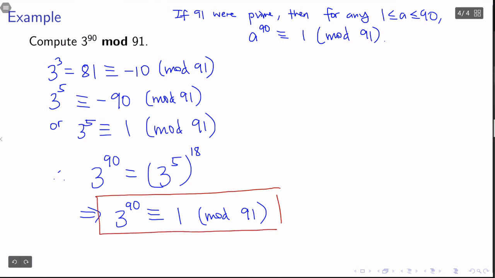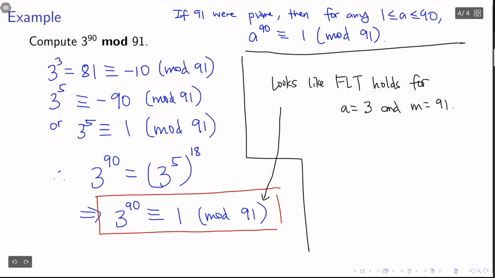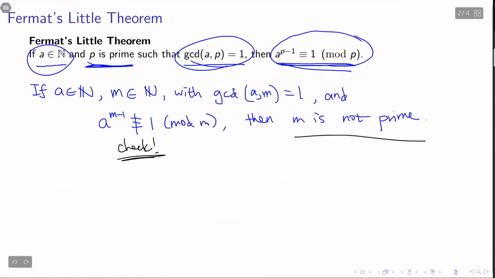And you might be thinking now, does this prove that 91 is prime? Well, clearly not, because it isn't. But if you look at the result here, it does look like the conclusion of Fermat's theorem holds for a equals 3 and m equals 91. But remember what we said on this slide.